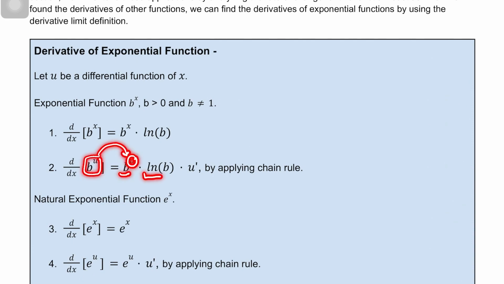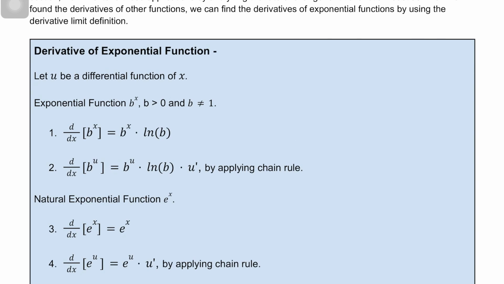And then, because it's an exponential, you still have to multiply by the natural log of b. So this looks exactly like what we did before. But because this is the chain rule, we have to multiply at the end by the derivative of the inside. So here we go. And that's pretty much it. That's basically the derivative of the exponential function.